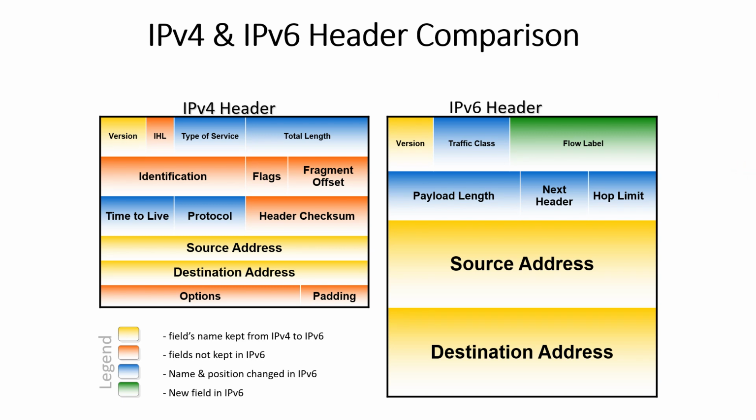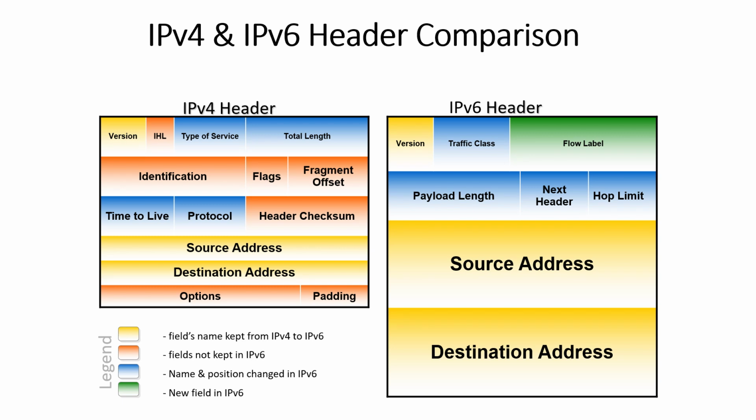IP version 4 addresses are 32-bit, while IP version 6 addresses are 128 bits, allowing for a vastly larger address space. IP version 4 includes fields for fragmentation, while IP version 6 uses extension headers to handle fragmentation differently.